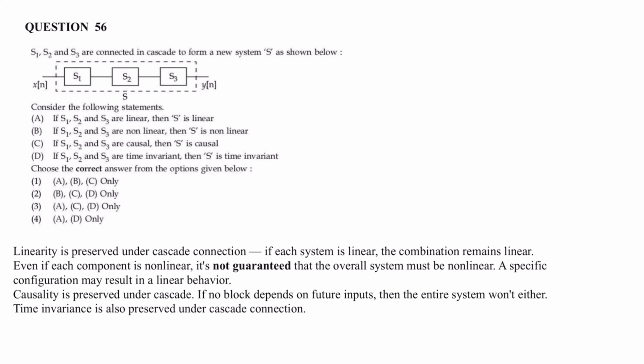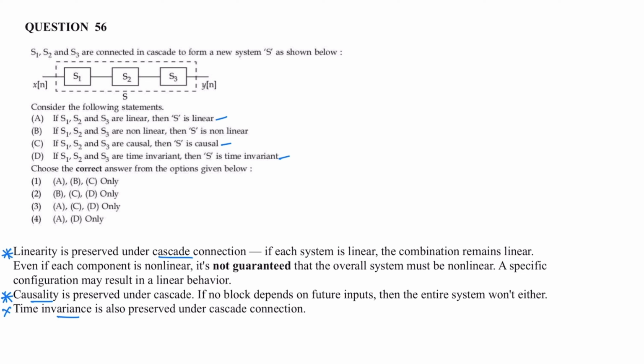Statement A is correct because linearity is preserved under cascaded connection. Statement C: if S1, S2, S3 are causal, then system S is also causal. Statement D: if S1, S2, S3 are time invariant, then the cascaded system is also time invariant, because causality and time invariance properties are preserved under cascade connection.